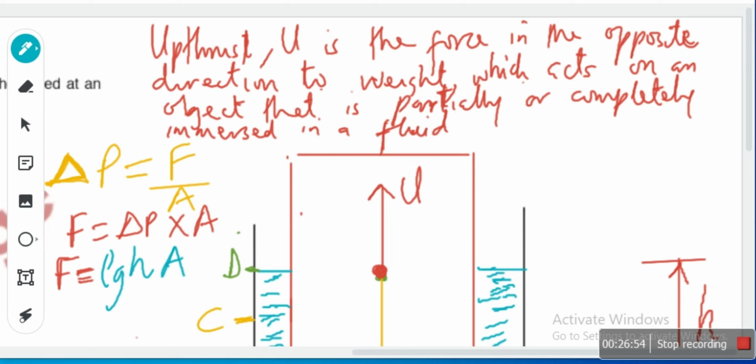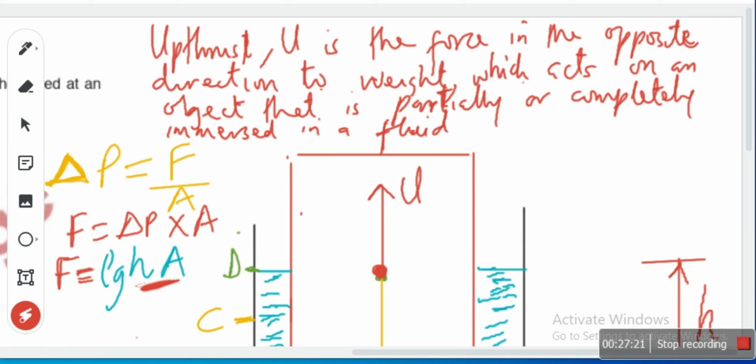Did you get that? I said pressure is force over area, and force is change in pressure times area. And we already know the formula for pressure. What's the formula for pressure again? Rho GH. So that force is rho GH times A.